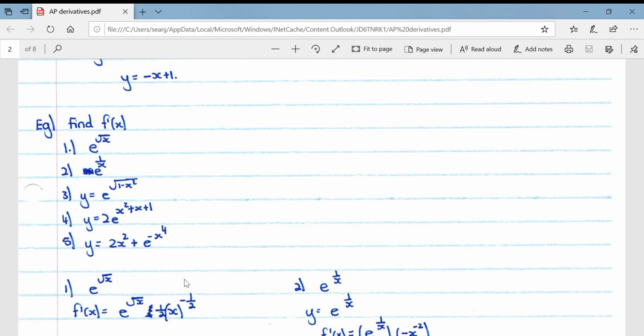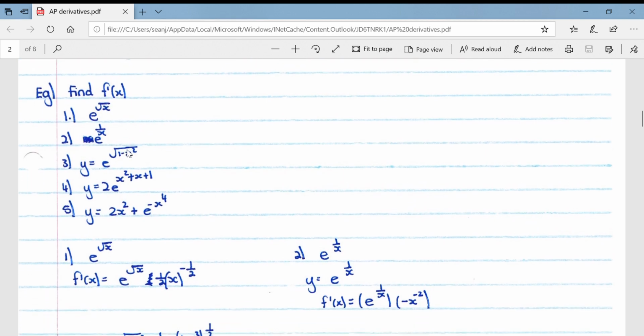Then if we just look at a couple more examples, find f dash x, e to the power of square root x. All we have to do for this is write it out as it is, multiplied by the derivative of the exponent. Now remember, when we're working with derivatives of exponents, we always turn them into fractions, which would be x to the 1 over 2.